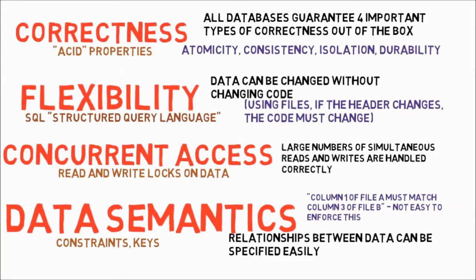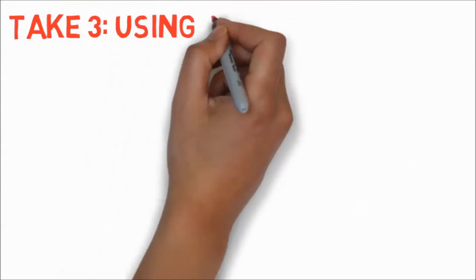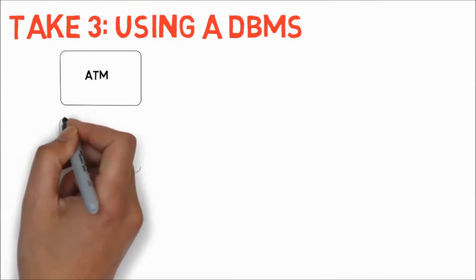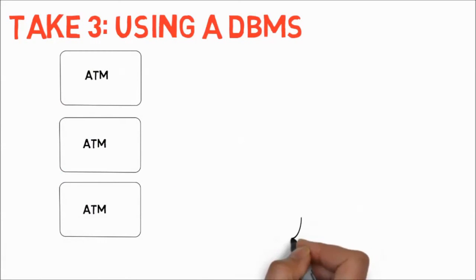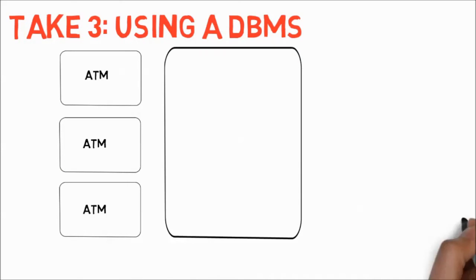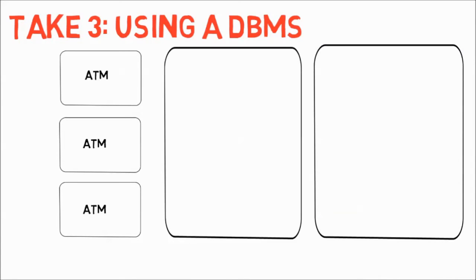For now, let's see how to implement a bank ATM using a database which guarantees all these properties out of the box. Here's how this would work. You would have a bunch of different ATMs, just as we had in the previous case. These, as we already mentioned before, act as clients. Then you would have a layer which is called a server, which accepts requests from the clients.